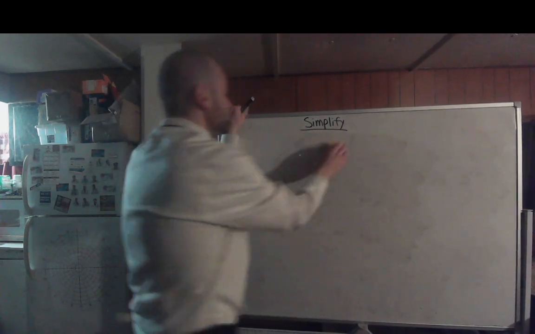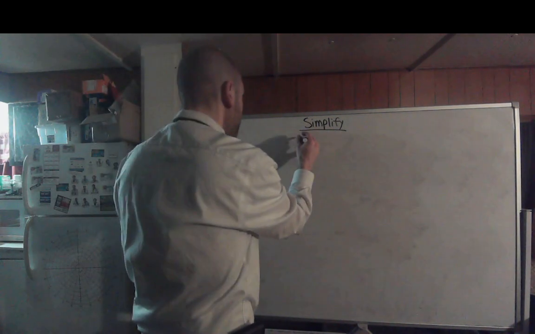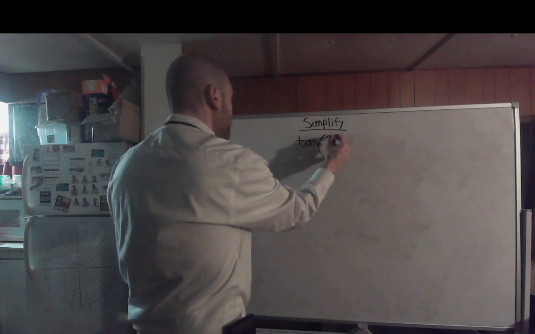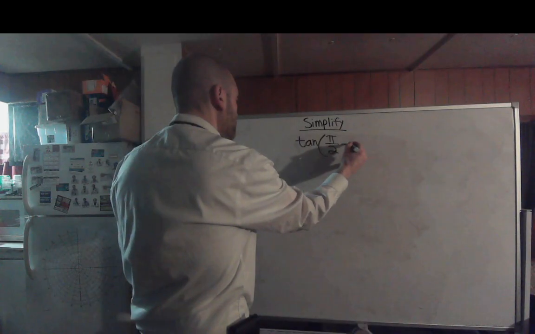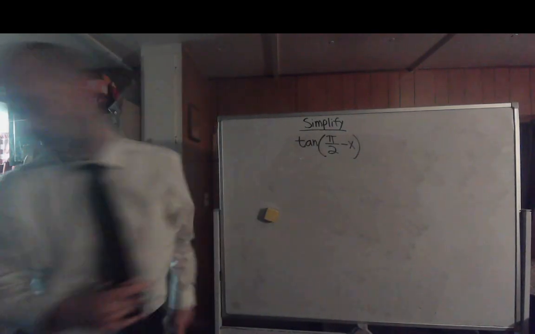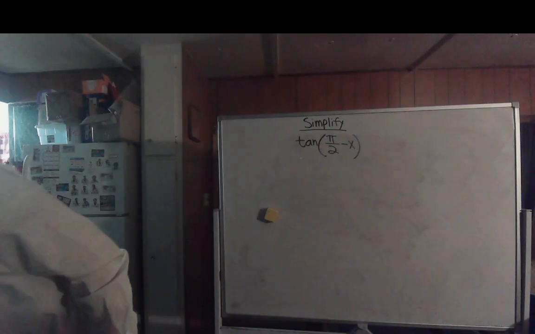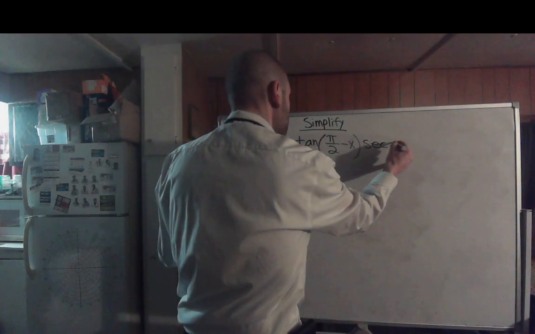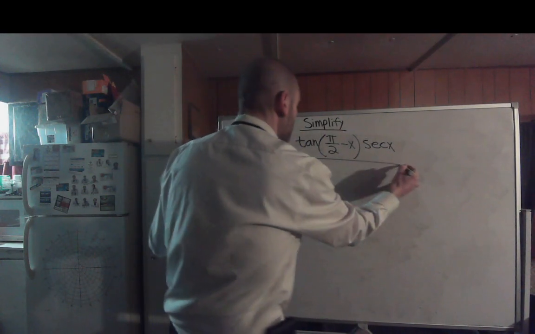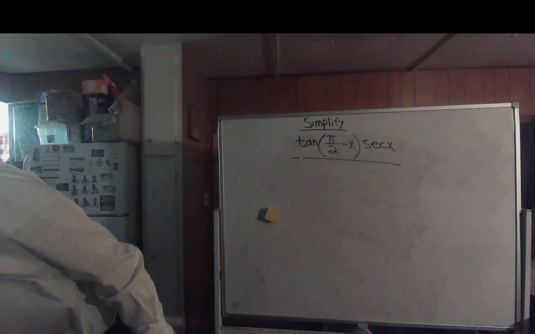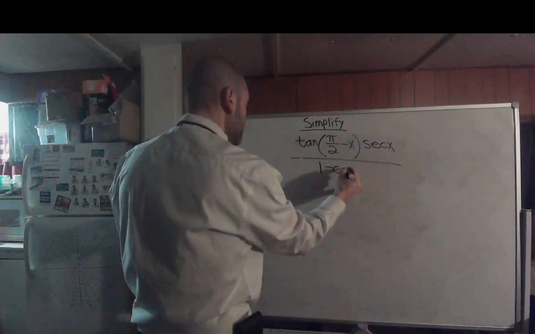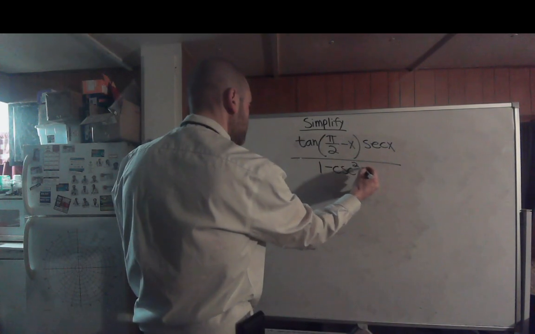Alright, what's next? Good one. Tangent of the quantity of pi over 2 minus x times the secant of x, all over 1 minus the cosecant squared of x.